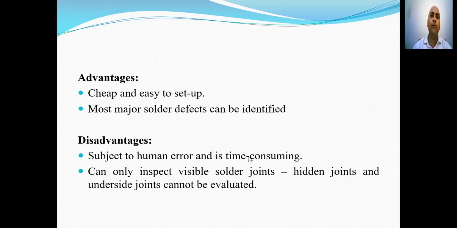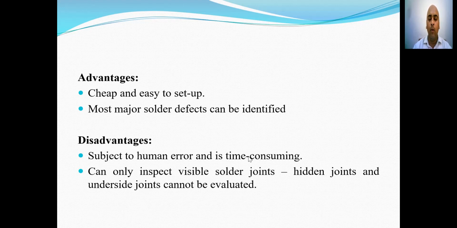The advantages of the visual method of inspection of PCB include, first, that it is cheap and easy to set up. Second, most major solder defects can be identified by this method. The disadvantages of this method include, first, that it is subject to human error and is time consuming.